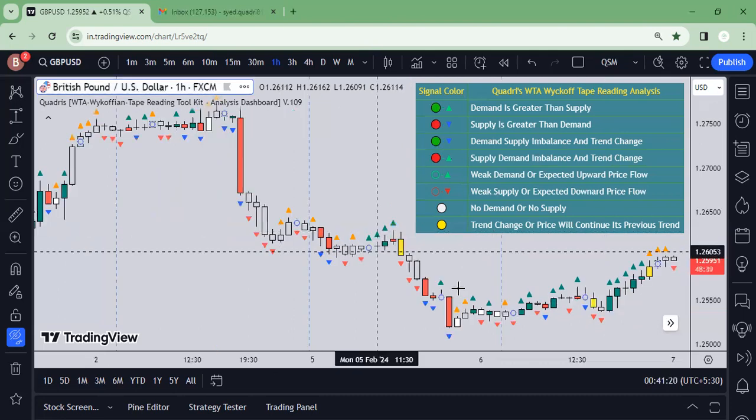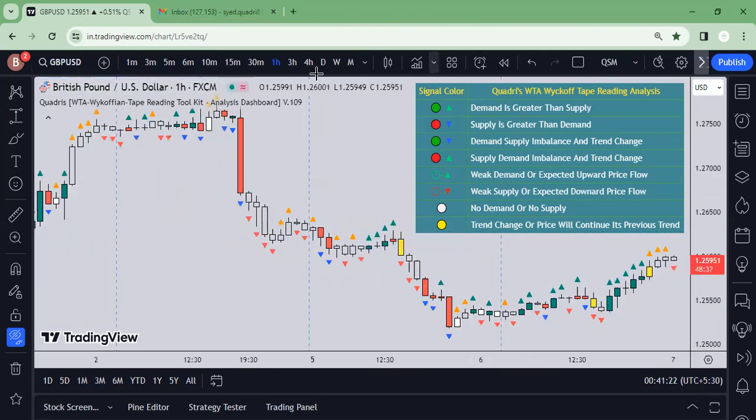After that, we come to this point. This is also an imbalance. A red candle with a green triangle. What does this suggest? What is our analysis? Supply demand imbalance and trend change is possible. So you will say, sir, what kind of trend change is possible?